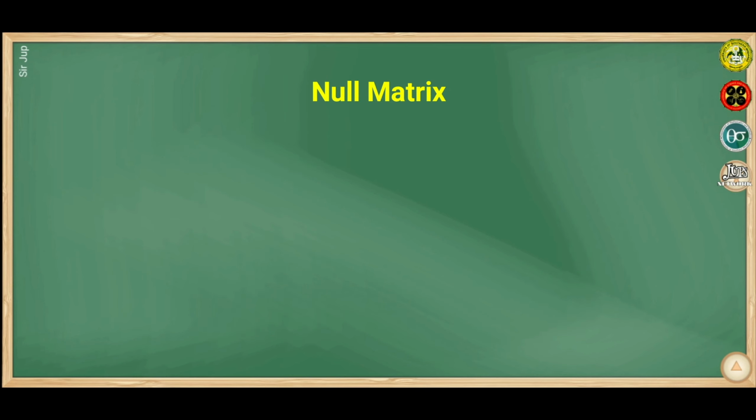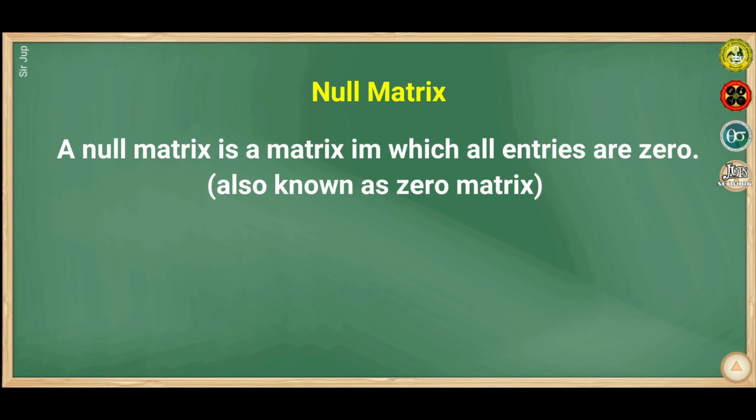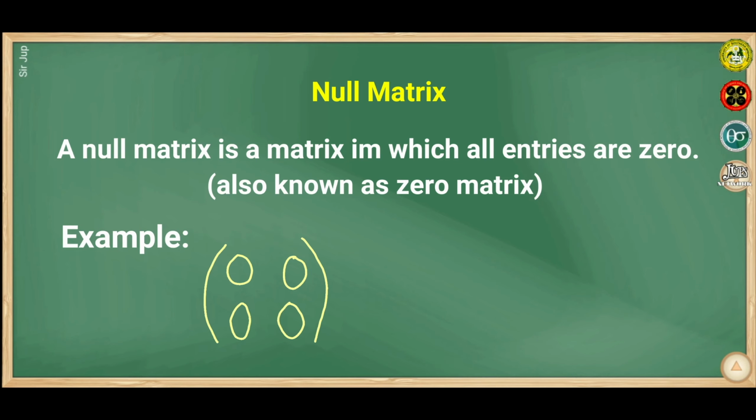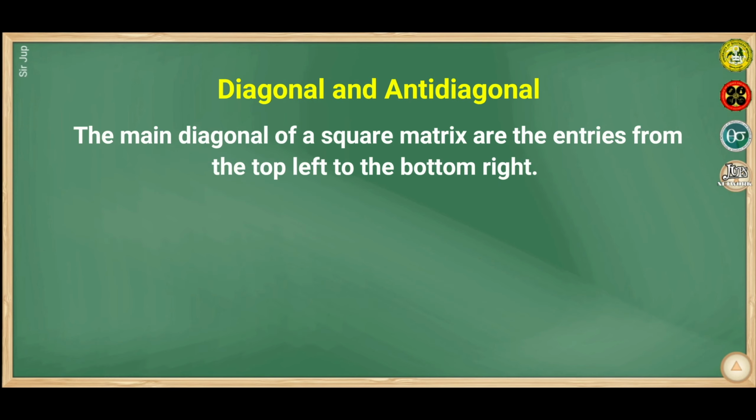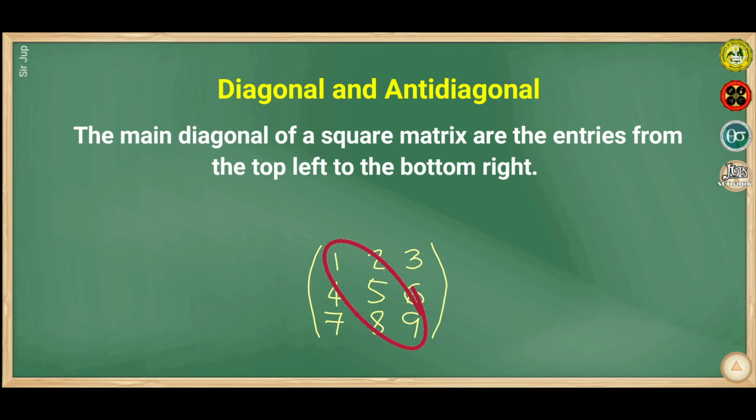We also have null matrix, which means all entries are 0. For example, this square matrix 0, 0, 0, 0 is a null matrix because all entries are 0. The main diagonal of a square matrix are the entries from the top left to the bottom right.